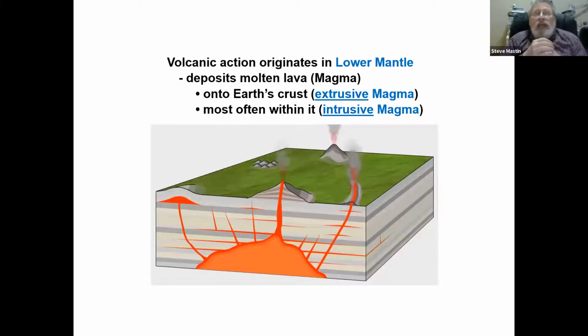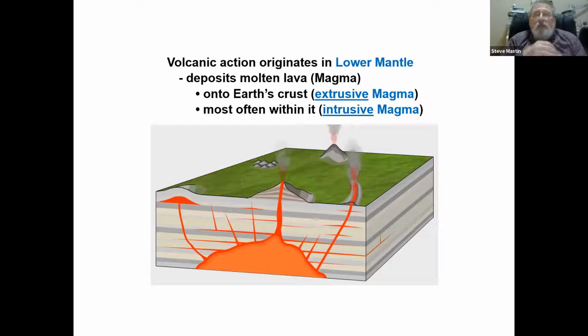Well, volcanic action originates in the lower mantle, and it comes up through the upper mantle and deposits molten lava, either on top of the Earth's crust, so that's a volcano, and that's called extrusive magma.